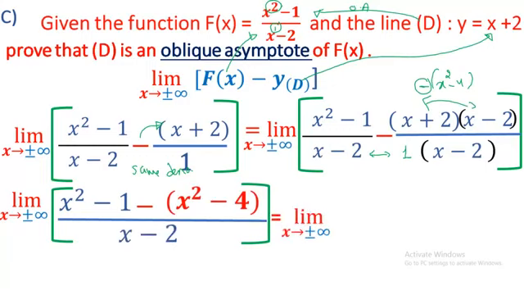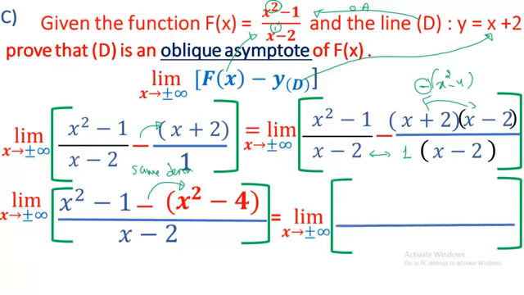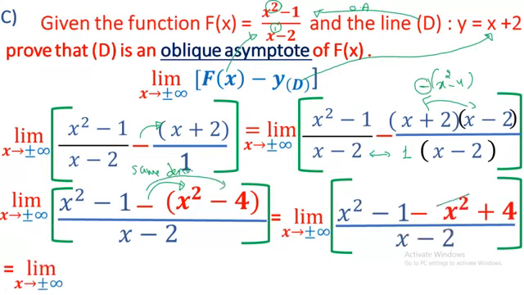Now we will simplify by entering this minus into the bracket to get limit as x tends to plus or minus infinity of x squared minus 1 minus x squared plus 4 over x minus 2, and x squared minus x squared is 0, and we will get limit as x tends to plus or minus infinity of minus 1 plus 4, which is 3, over x minus 2.